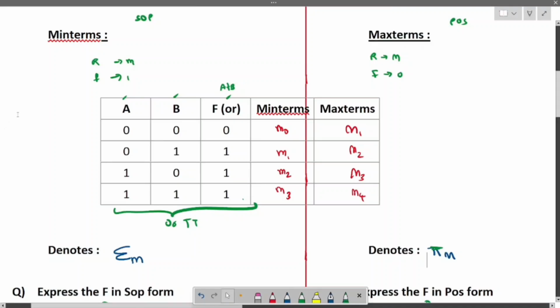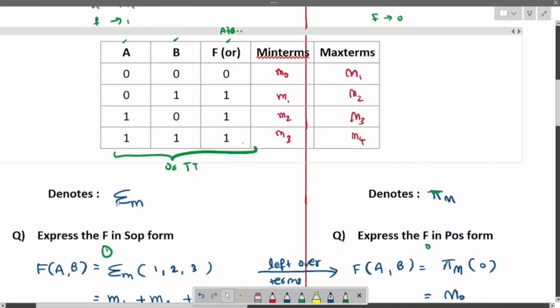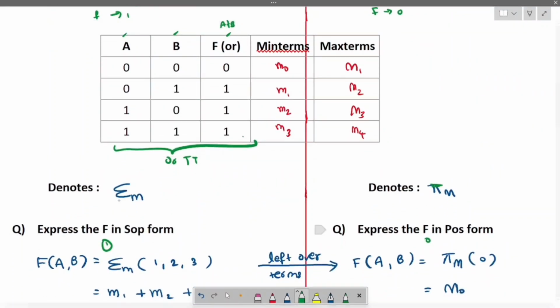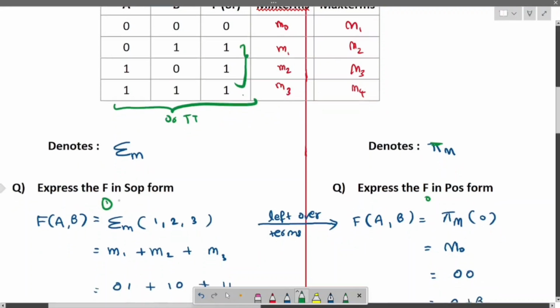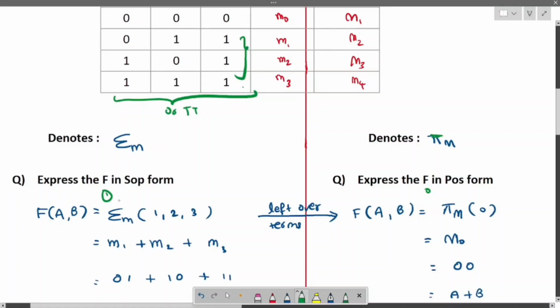Now let us see the question with this. We need to make it into SOP and POS. Summation of m is a function of 1, pi of M is a function of 0. Let us see only SOP, a function of 1. We need to take these three terms, m1, m2, m3, which we can write as 0 1 plus 1 0 plus 1 1.